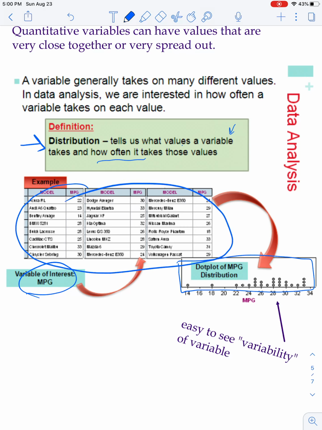So in this table, it's really hard to see which one has the most miles per gallon, which one has the worst miles per gallon. But if I put it in this dot plot, it's really easy to see that I have a nice cluster of data here.